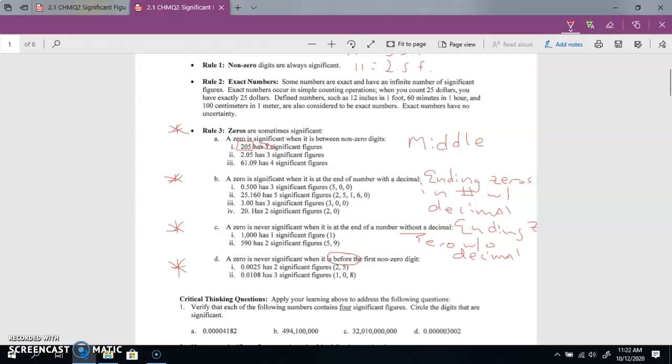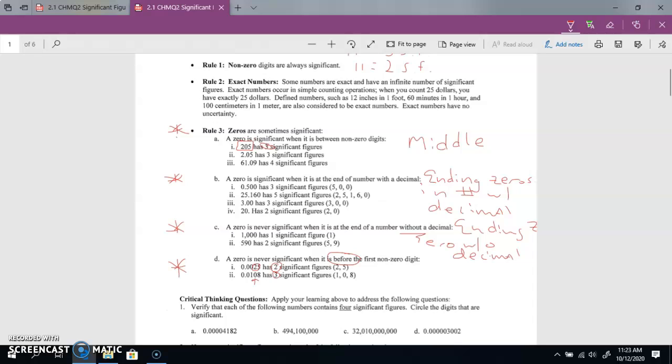So we've only got the 2 and the 5 that are significant, therefore we've got two significant figures. This 0 right here is a middle 0. So according to this rule right up here, middle zeros are always significant. So that 0 is significant, the 1 and the 8 are significant, so three significant figures. But these two zeros at the beginning of the number are not significant.